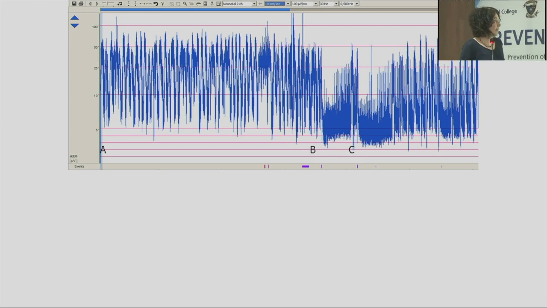So what is the background activity here? Very good, excellent. This is a baby in status. And here, what happened here? So something must have happened. The seizures disappeared briefly.